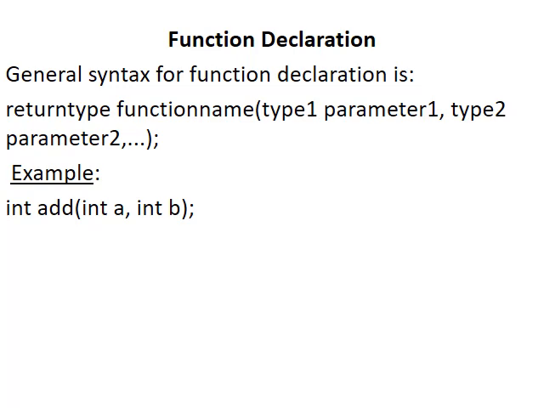Type 2 specifies the data type of the input parameter 2. For example, if you take the sqrt function, which is a built-in function, there is nothing like a return type as such, but within the brackets we specify the input. For example, sqrt of 64. It means that it takes only one argument or only one input.